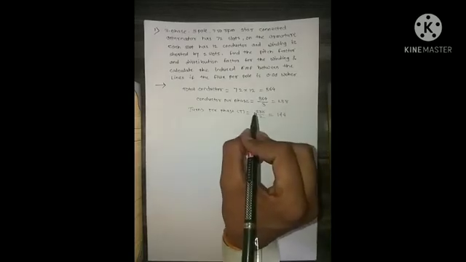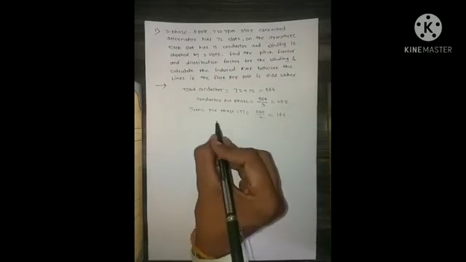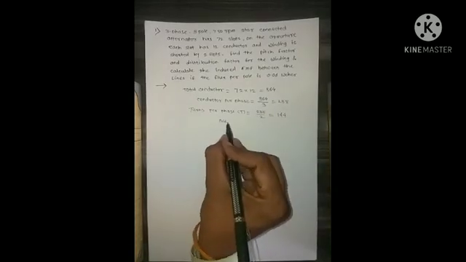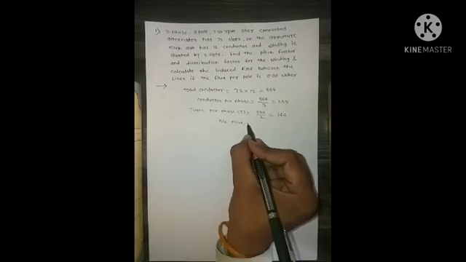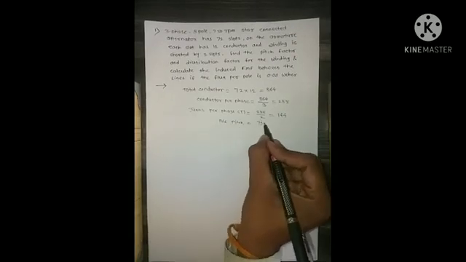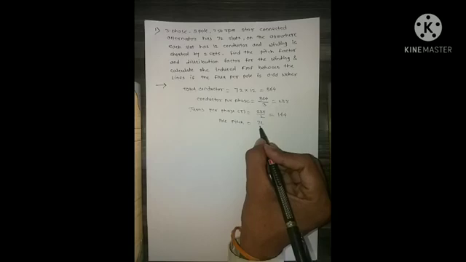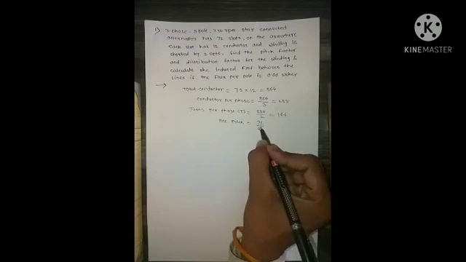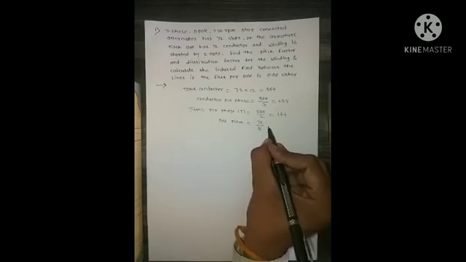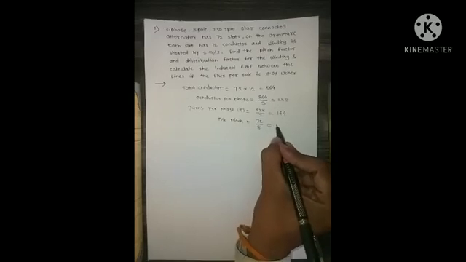Now we have to calculate the pole pitch. Pole pitch equals 72, that is the number of slots, divided by the number of poles, and the number of poles given is 8. So the pole pitch is 9 slots.